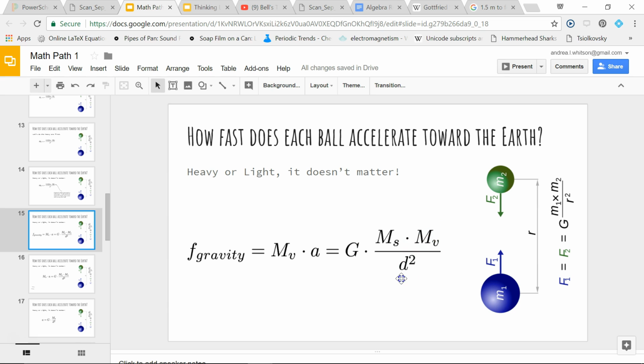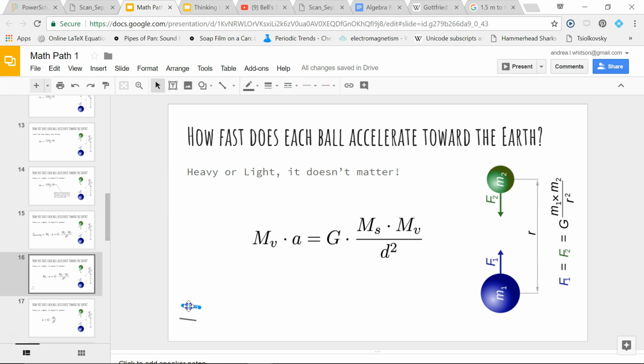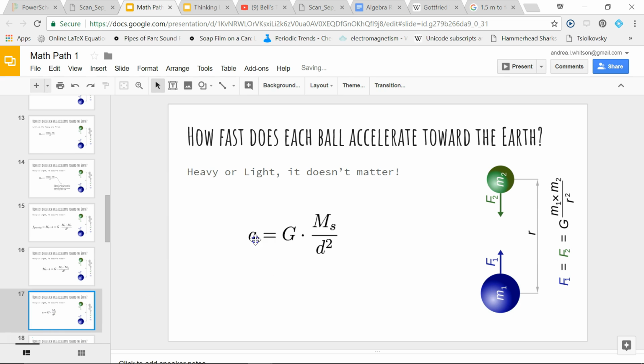And this is the mass of the volunteer divided by the distance between them squared. And then we canceled out because we can divide both sides by the mass of the volunteer. The mass of the volunteer went away, and we could figure out the acceleration of the volunteer to be equal to the gravitational constant times the mass of the sun divided by the distance between the volunteer and the sun squared.